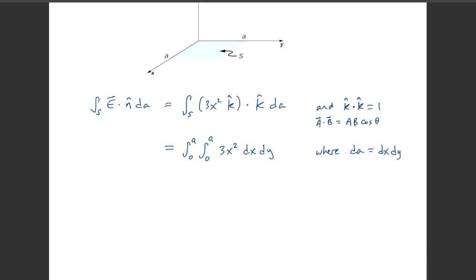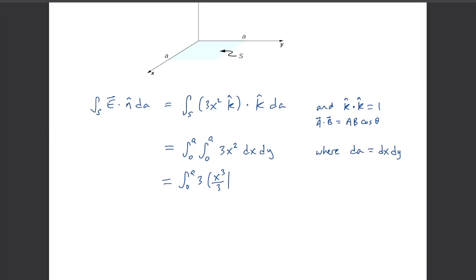And so we can integrate 3x squared dx. And so we have 0 to A in the y direction. We have a 3. The integral of x squared is going to be x cubed over 3.